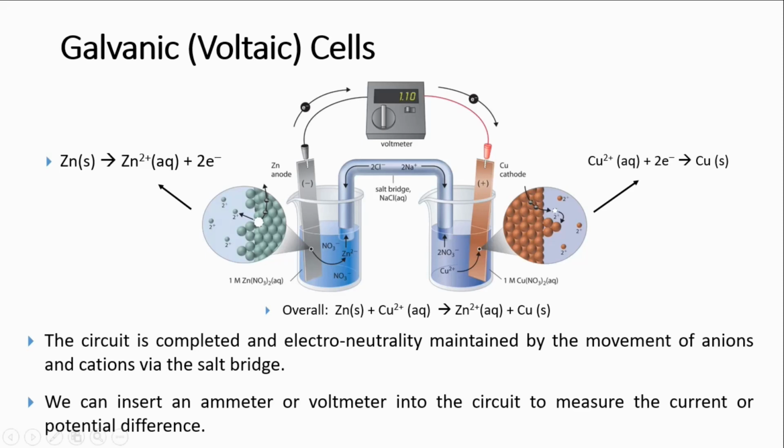For example, in the anodic half cell, that is the zinc half cell, negative ions can migrate over into the zinc half cell to neutralize the buildup of positive charge that is being produced in that half cell.